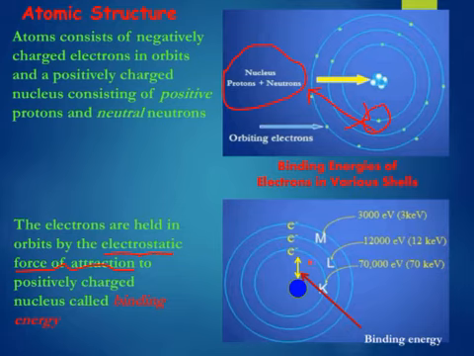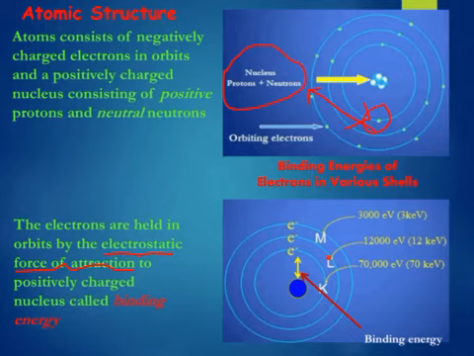If you supply energy more than this, you can remove the electron from the K shell. Here is the number: 70 kilo electron volt. That is the binding energy of the K shell. So if I want to remove an electron from the K shell, I have to give 70 or more than 70. Then only this electron will come out.